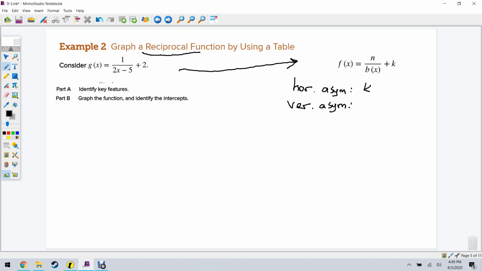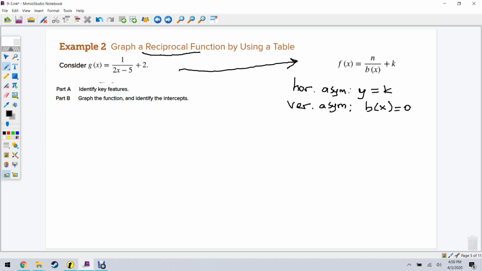So you will say y is equal to k is the horizontal asymptote. The vertical asymptote is basically this: what makes the denominator, which is b of x in this case, equal to 0 is going to be the vertical asymptote.